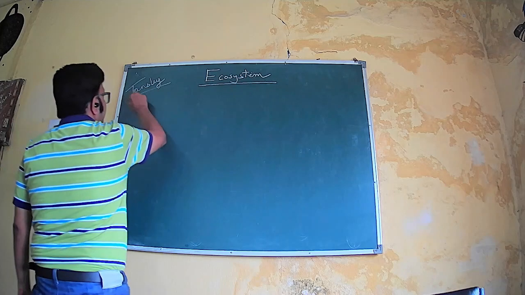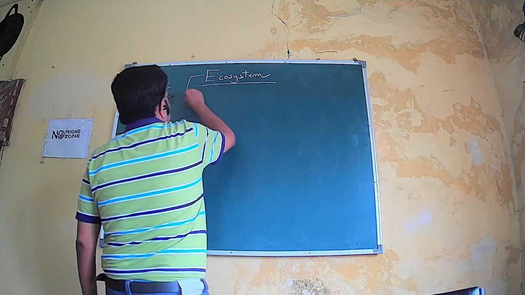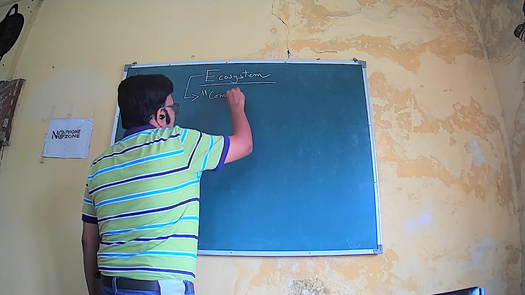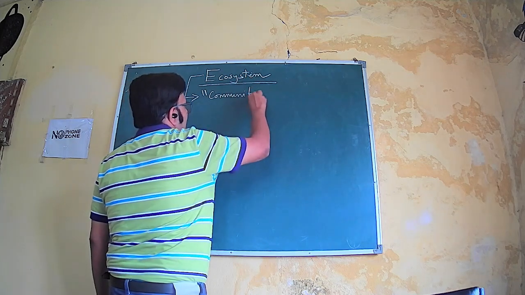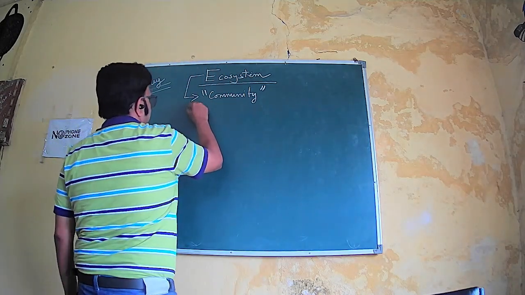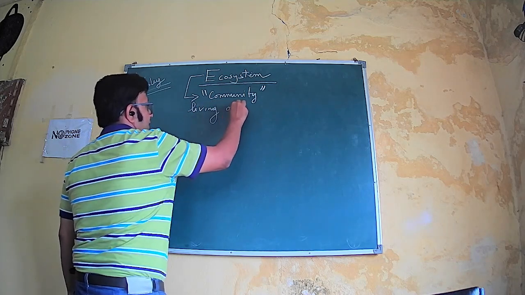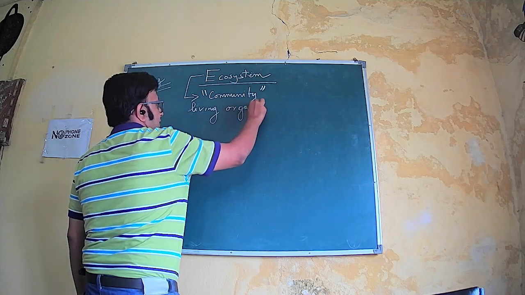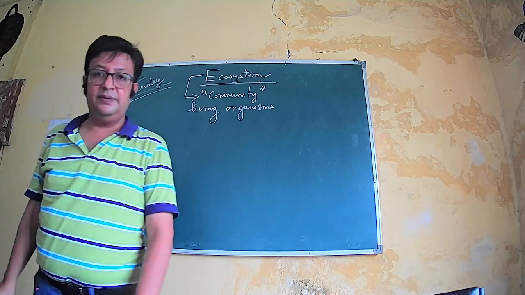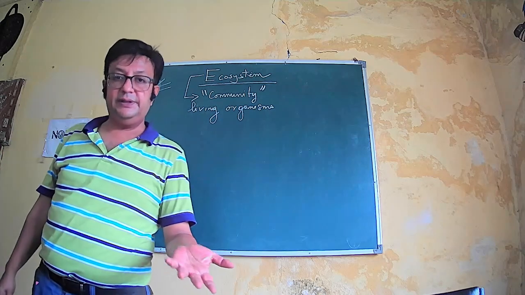So ecosystem, some people call it, and I am calling it under quotation marks, a community. It is a community of living organisms with their non-living counterparts or components.